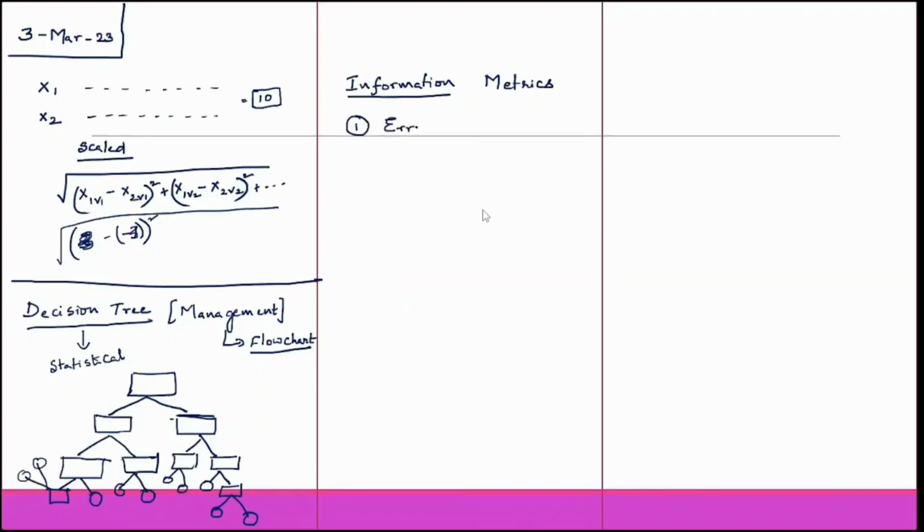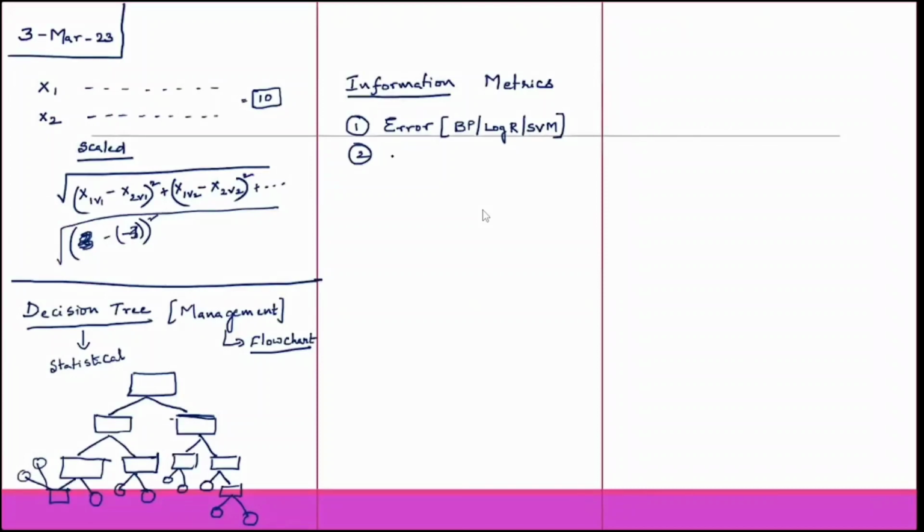One is called error-based learning, where we already talked about three major algorithms, right? One is the basic perceptron, one is logistic regression, one is support vector machine. They are all error-based learning algorithms.